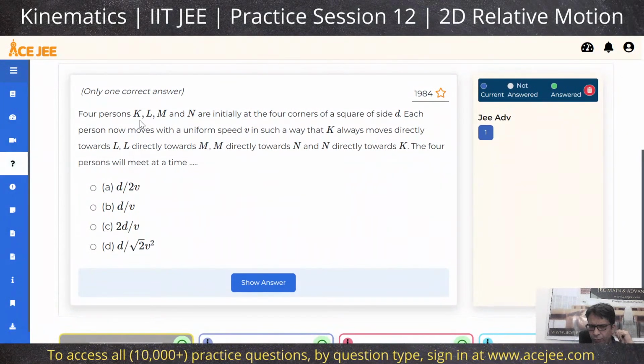There are four people K, L, M, and N initially at the four corners of a square of side D. Each person now moves with uniform speed V in such a way that K always moves directly towards L, L moves towards M, M towards N, N towards K, and so on. The four persons will meet at a time. Right? That's what we did just now. How much was it? Sir, d by v.